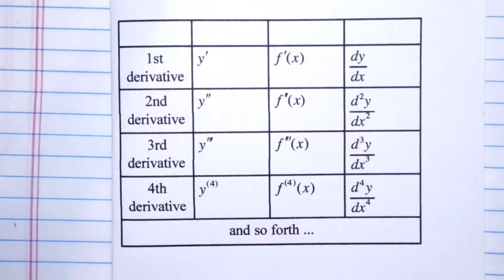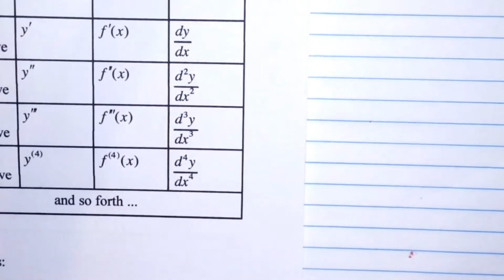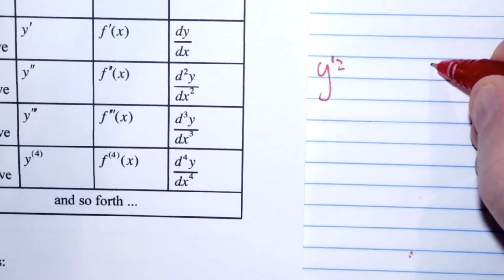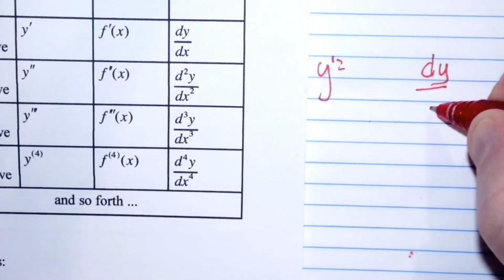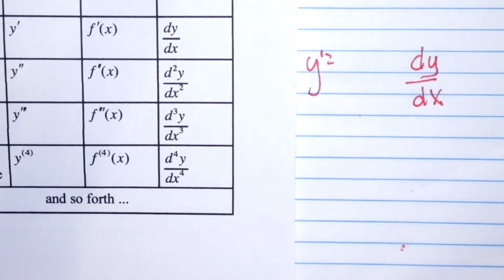Now, just to show where that comes from, if you're finding the second derivative, what you're doing is you're taking the first derivative and you're differentiating that with respect to x.